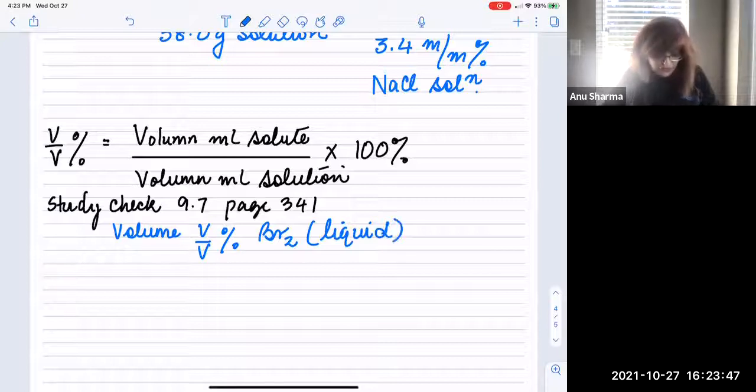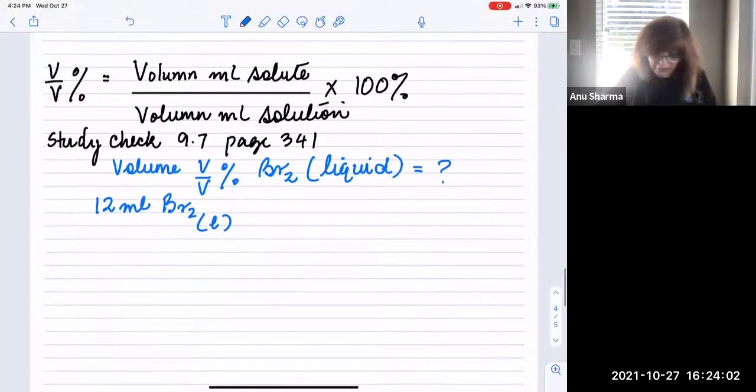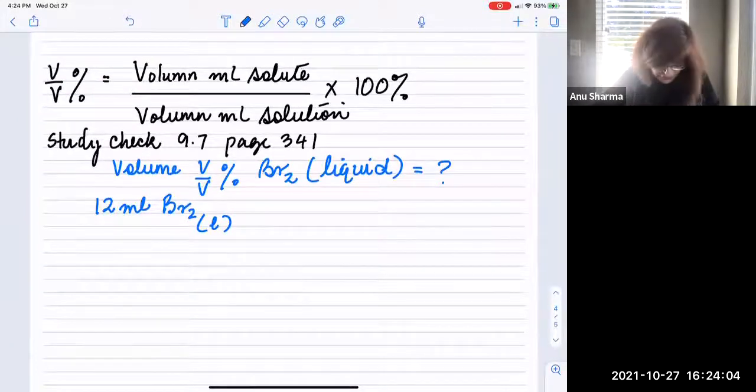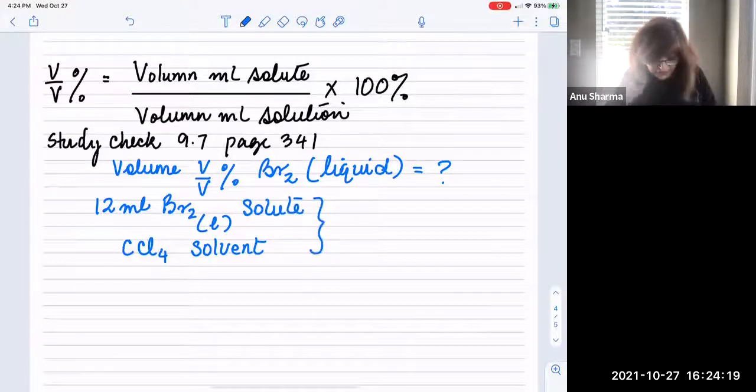Of bromine in a solution prepared by dissolving 12 milliliters of liquid bromine in the solvent of carbon tetrachloride. Bromine is dissolved in carbon tetrachloride, which is a solvent. Okay, so they are saying that this is a solvent and this is a solute. And when these two are added together, 250 milliliters of solution is produced.